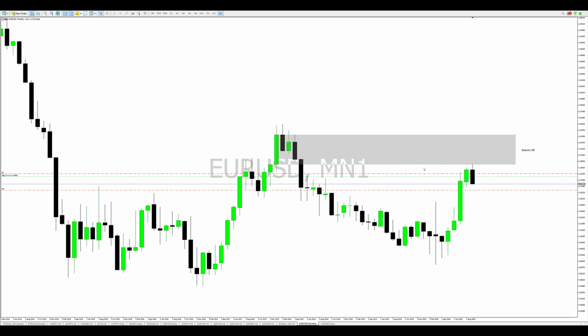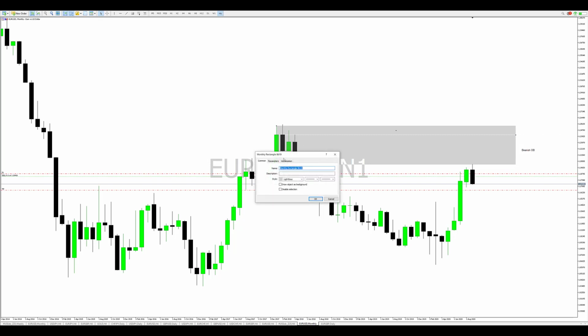So now what you need to do, once you have highlighted that, you see the area occupied by the wicks, probably from the highest high in that range there. This is what's going to be our rejection block.